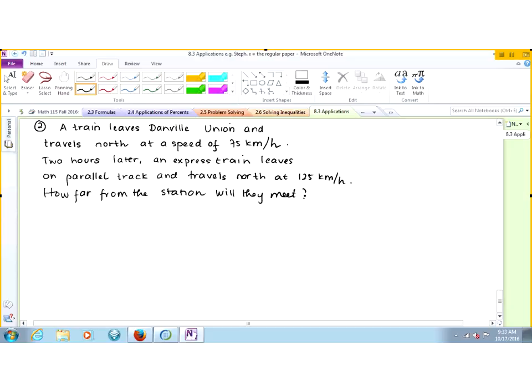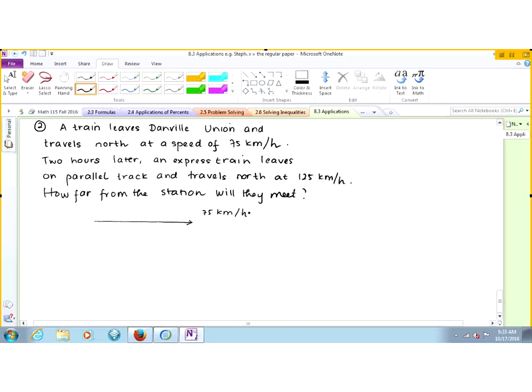Okay, so how do we do this? Can you imagine the situation? What happens? So the first train leaves. What is the speed? 75 kilometers per hour. All right. What about the second one?